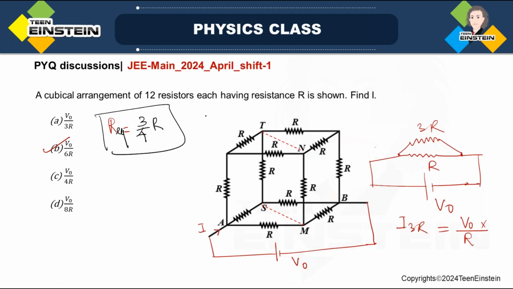And we have to find out what the current is. I'll cross check this and tell in the next class, maybe tomorrow, what the current is.